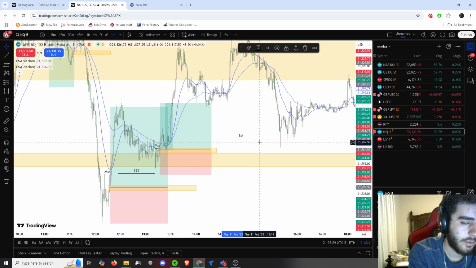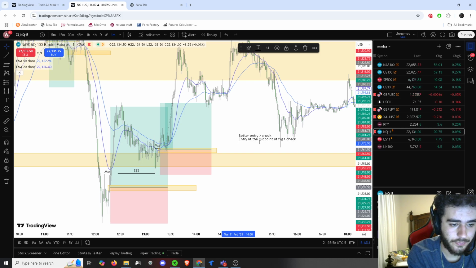We check. Better entry, check. Let's see, check. Okay. Entry at the midpoint of fair value gap, check. Stop at the swing low, check.